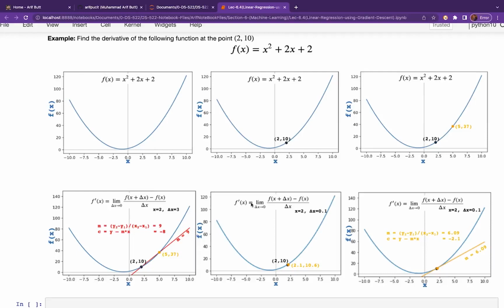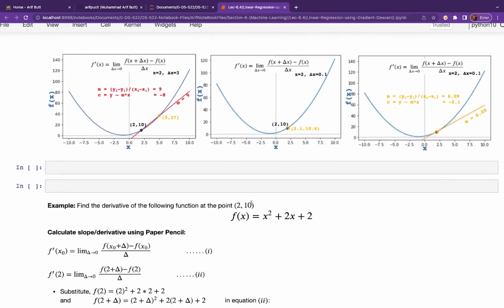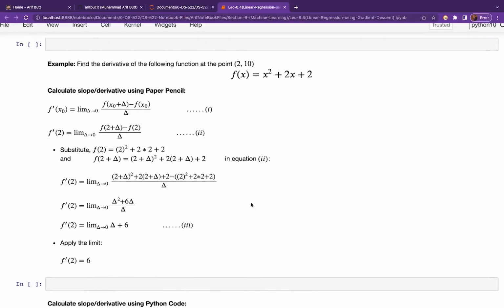Well, after understanding it visually, let's do it analytically using a paper pencil. The differentiation formula is shown over here in equation 1. To calculate the derivative at x is equal to 2, we substitute x naught is equal to 2 in equation 1 and we get this equation 2.